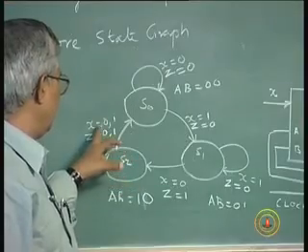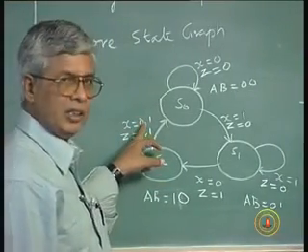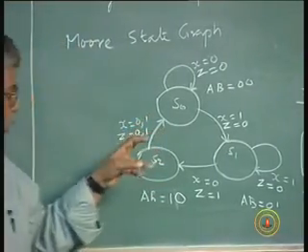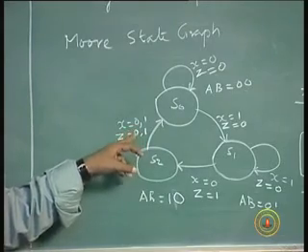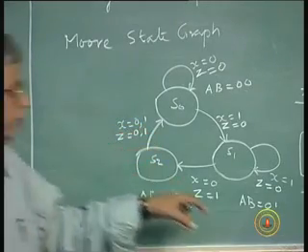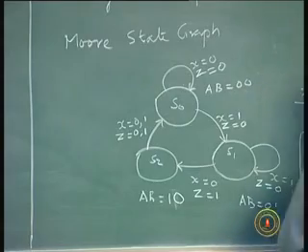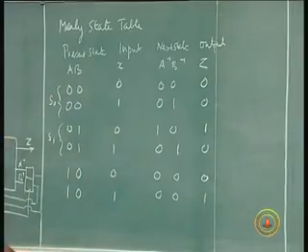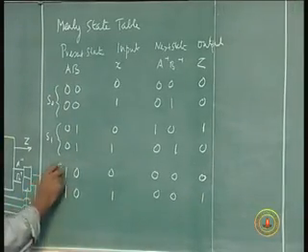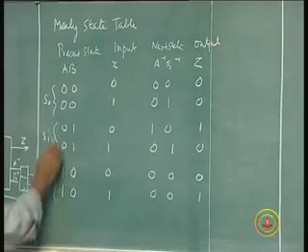But if the input is 0, the output is 0, and if the input is 1, the output is 1. So I should put a 0 for the output corresponding to x equal to 0 and a 1 for x equal to 1. This is my S2 state.